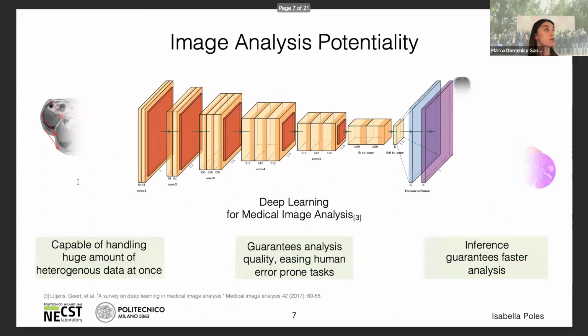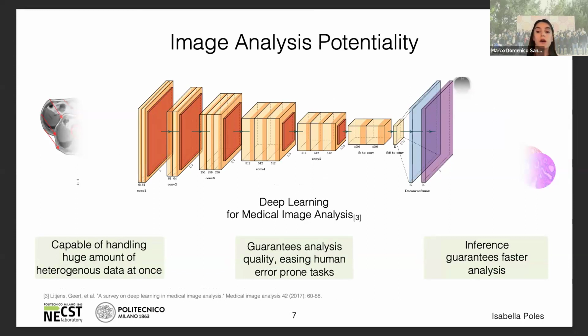So I want to say about 15 years ago, deep learning came around to solve all these issues. In fact, it has been demonstrated to be capable of handling huge amounts of heterogeneous data at once. In addition, it has demonstrated to ease human error-prone tasks with higher image analysis quality.